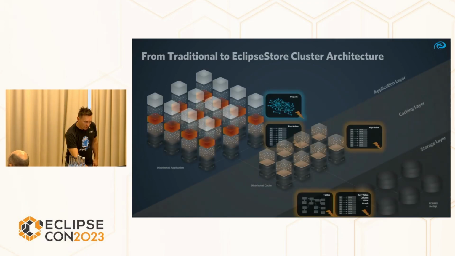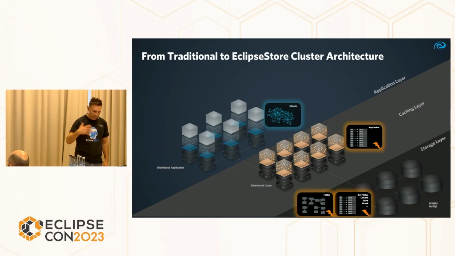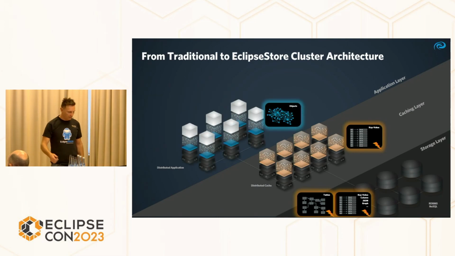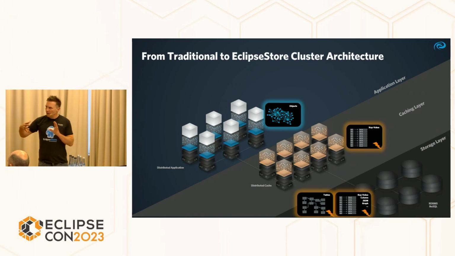So how does it work with distributed applications? We can also run distributed applications with EclipseStore. Then we replace the nodes with the EclipseStore nodes. So now with the replication, we can replicate the object graph through hundreds, thousands of JVMs.